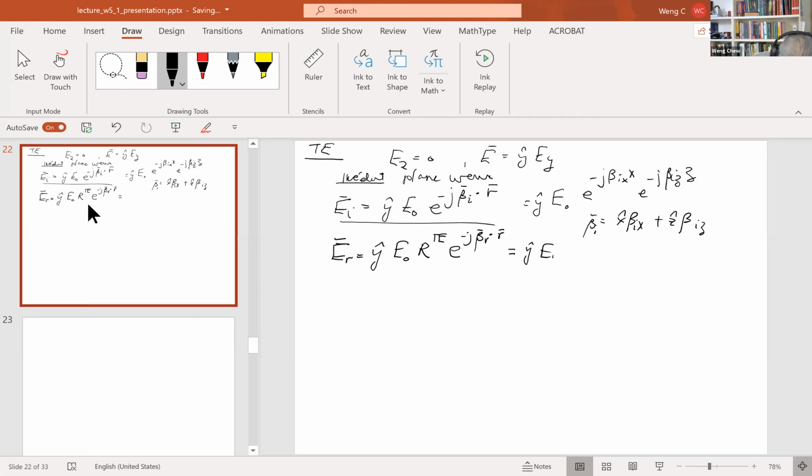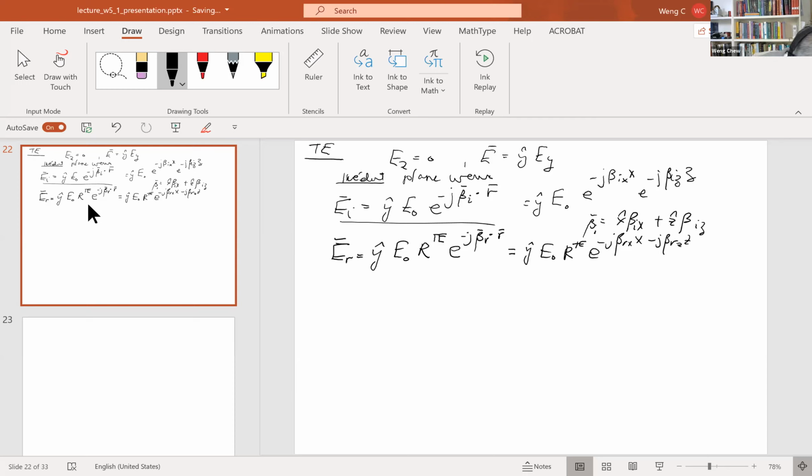If I write this out explicitly, I would have R TE here, and then e to the minus j beta Rx x minus j beta Rz z.